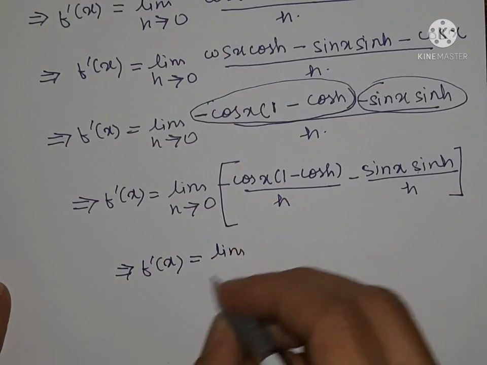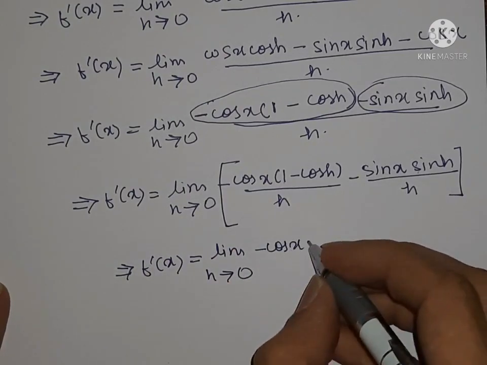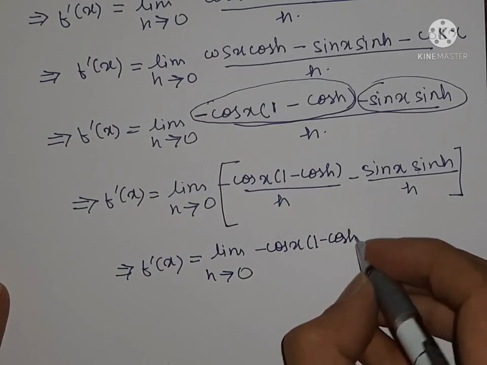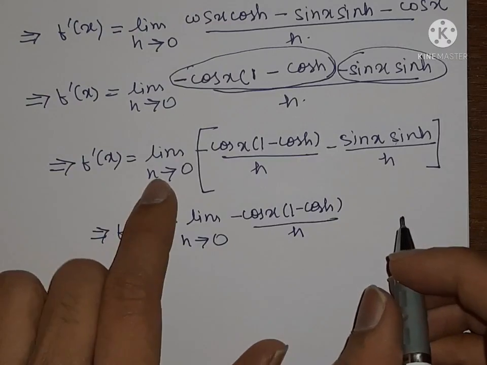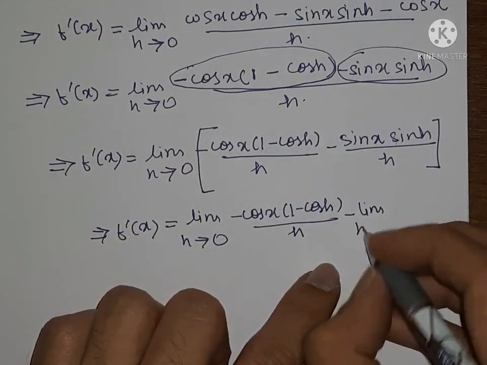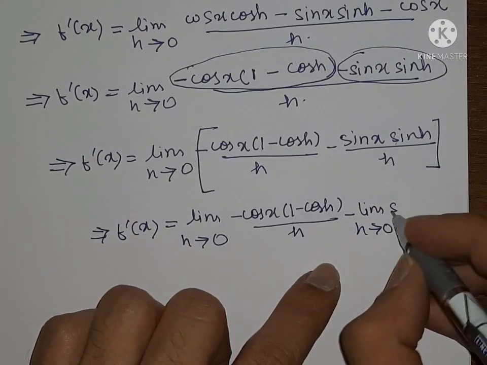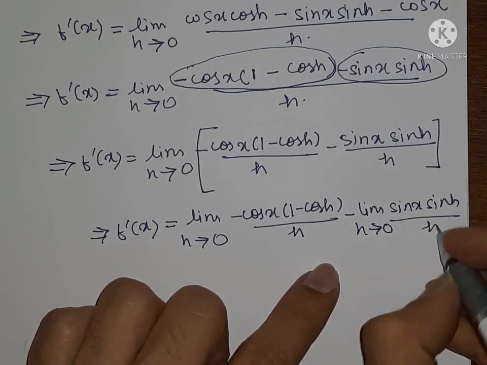We will get limit h tends to 0 of minus cos x multiplied by 1 minus cos h divided by h, and minus limit h tends to 0 of sin x sin h divided by h.